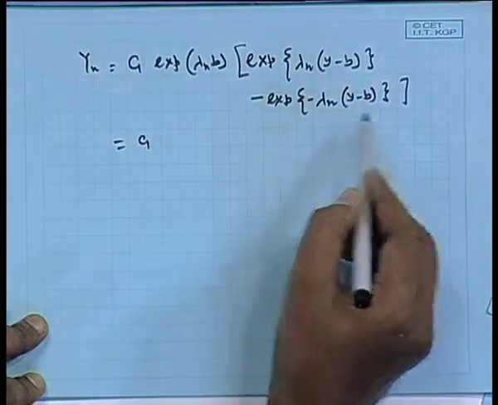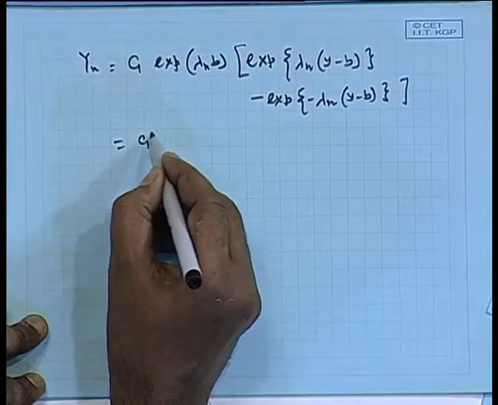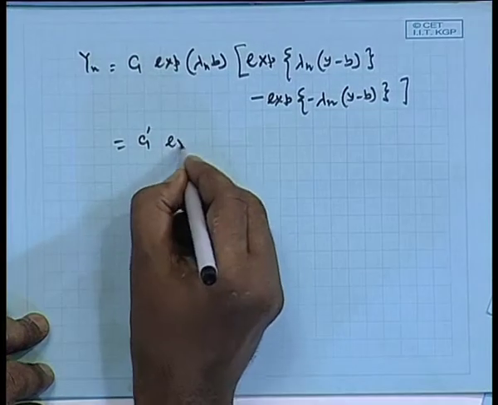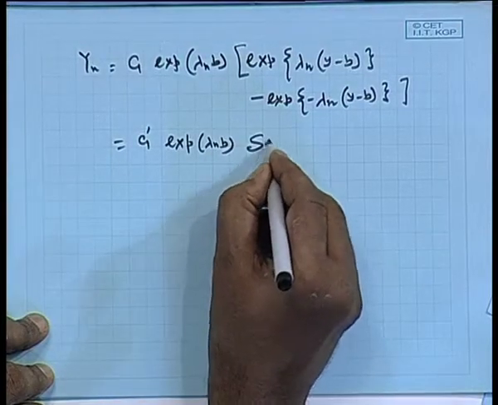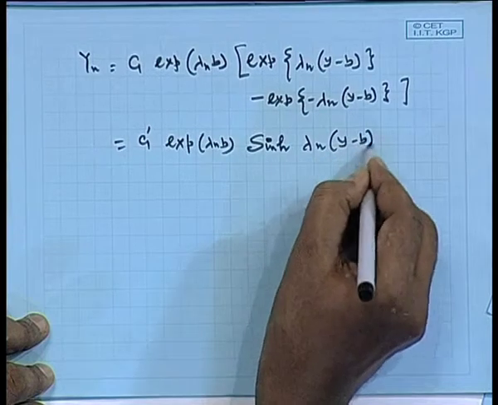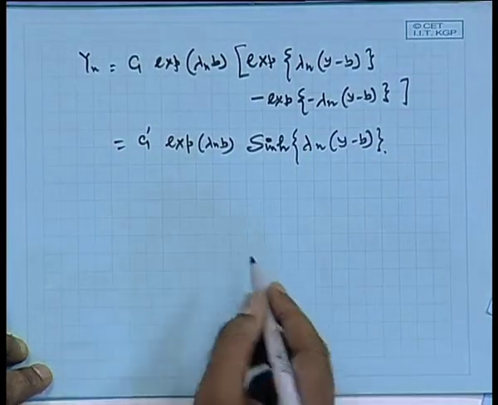So, this will be the sinh function, hyperbolic sine function. This will be twice C1, so it will be another constant, let us say C1 prime. Okay. So, C1 prime exponential lambda n b sinh lambda n (y minus b).